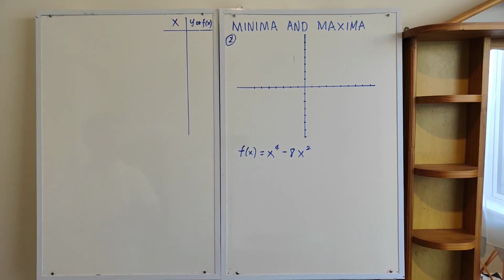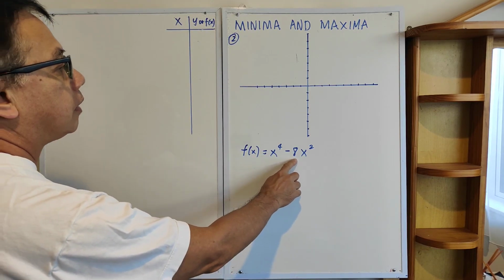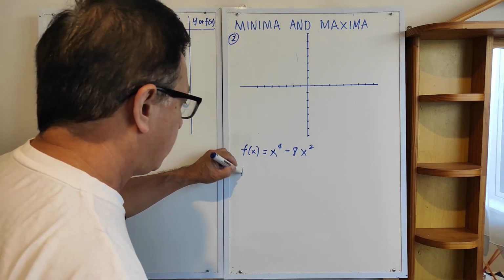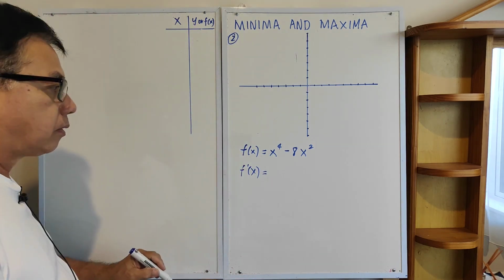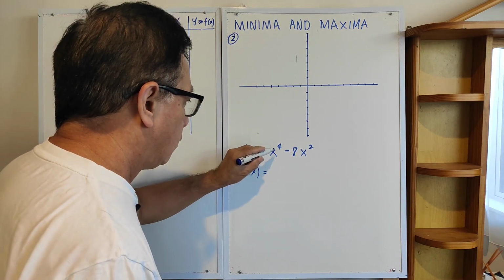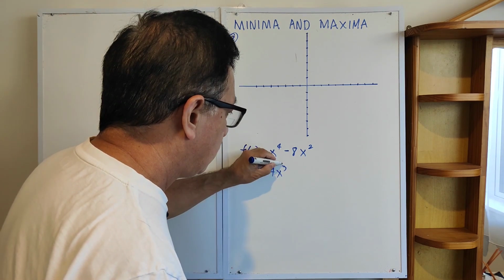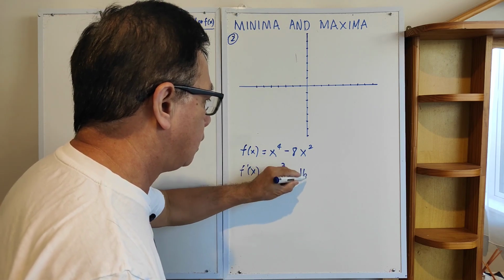Now this is our second example. The function of x is equal to x to the fourth minus 8x squared. So first we have to get the derivative, f prime of x. So we do the power rule, the shortcut, so it becomes 4x cubed minus 16x.